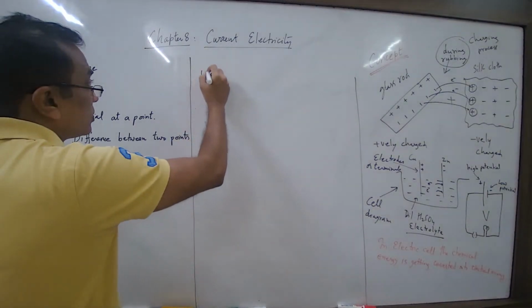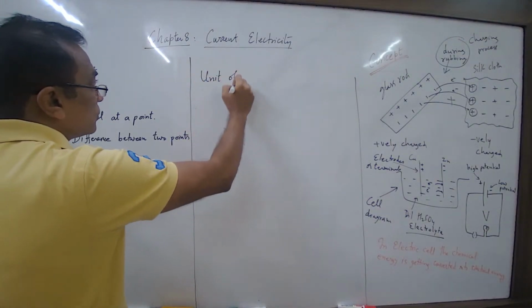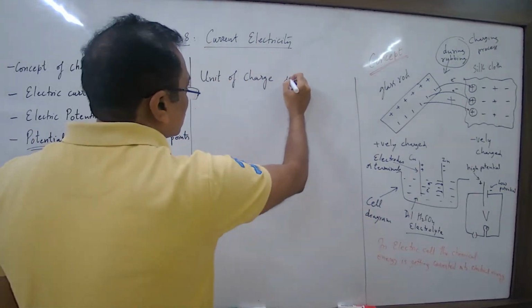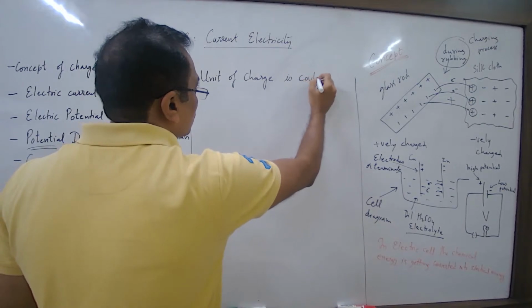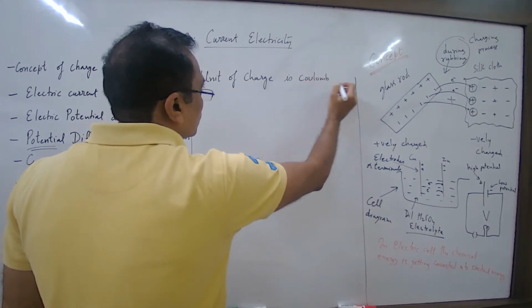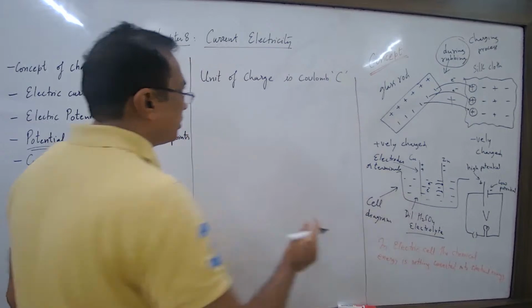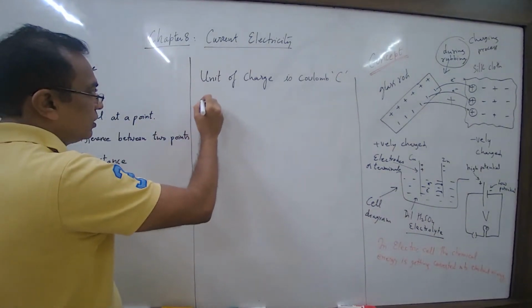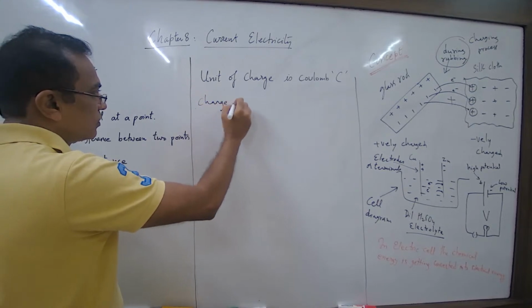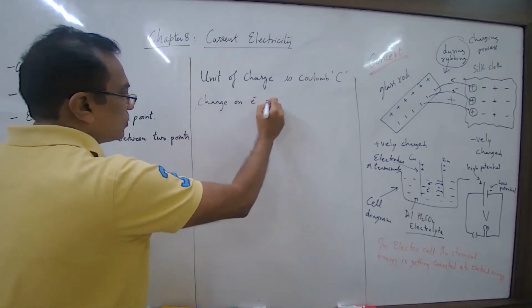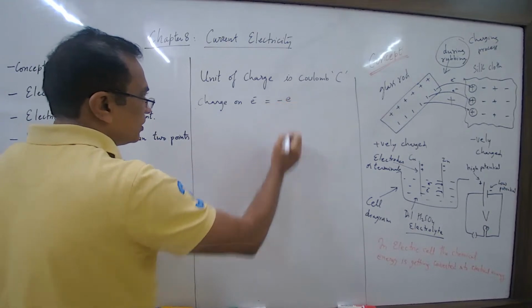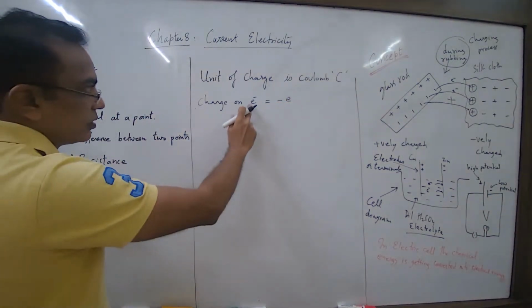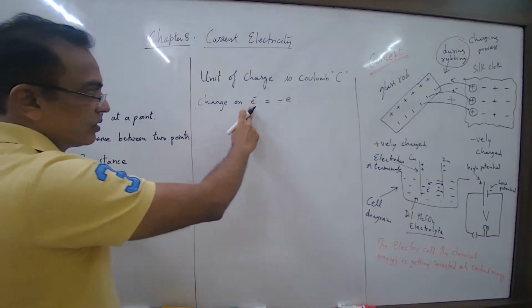Now let's understand what is the unit. Capital C, right? So charge on electron is minus E. Okay. So when I write E minus, it is electron. And what is the charge?